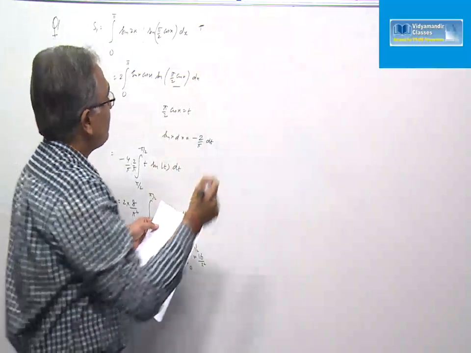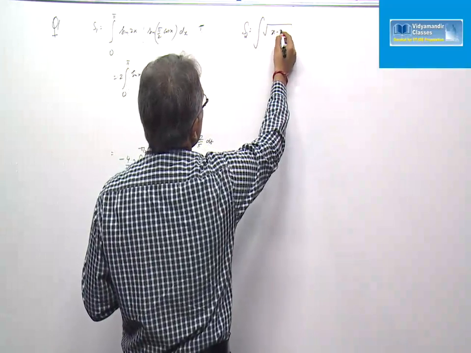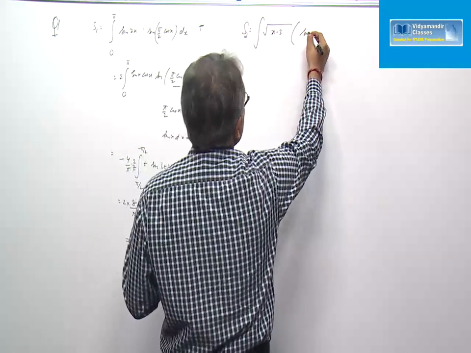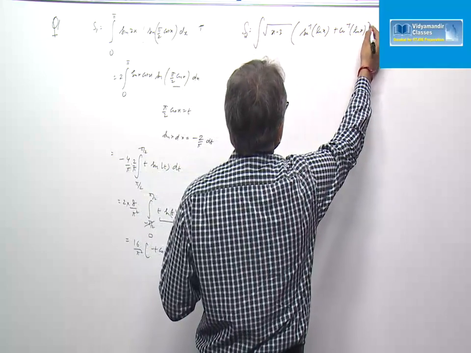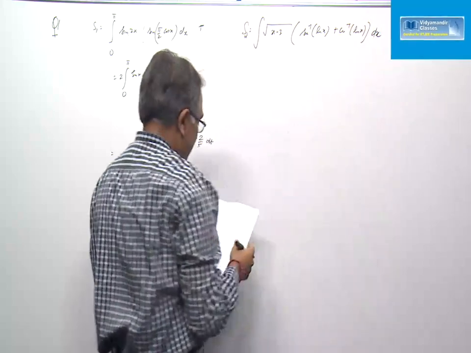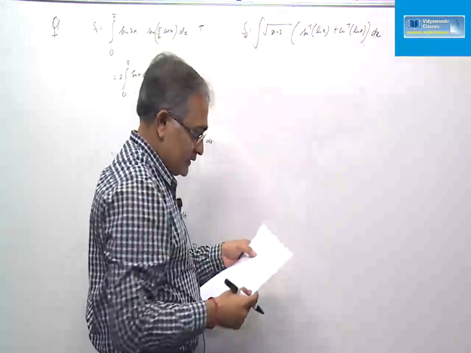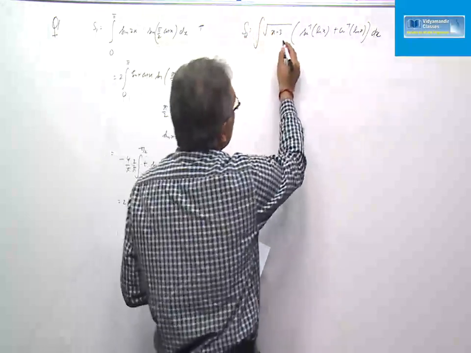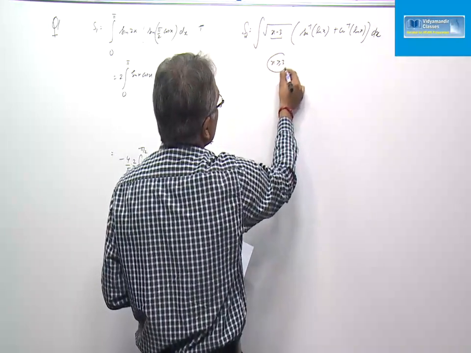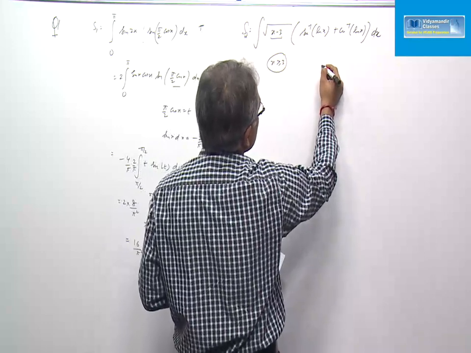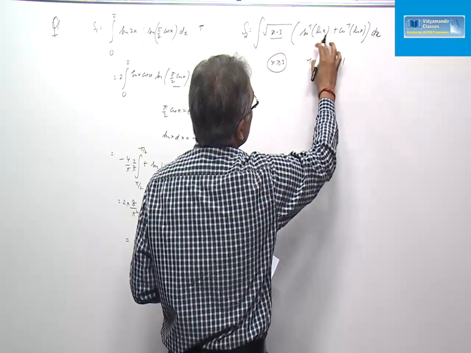Statement 2 is integral square root x minus 3 sin inverse natural log x plus cos inverse natural log x with respect to x. Now as it's an indefinite integral, let's check the domain of this function. This is defined whenever x is greater than or equal to 3, and this is defined whenever natural log x lies in minus 1 to 1 for both.